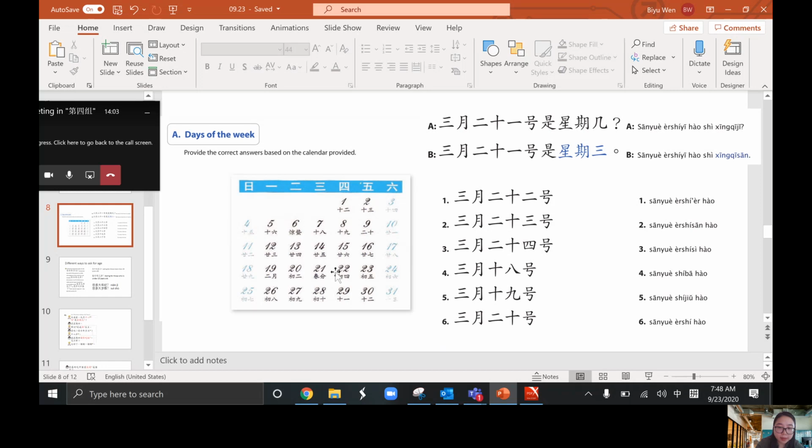And then you find out the date and write down, oh, that's Thursday. You say 3月22号是星期四. Do you understand? And then you continue doing the rest of the dates by asking, March 23rd is what day of the week?